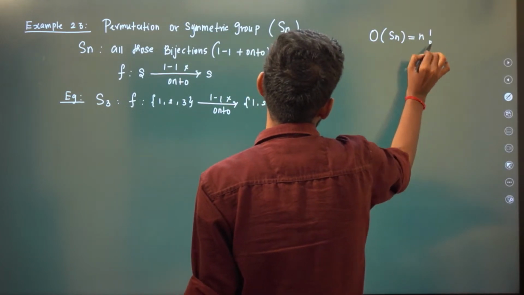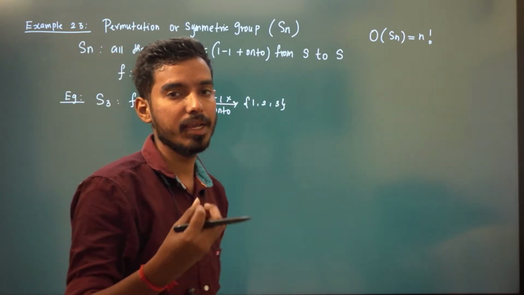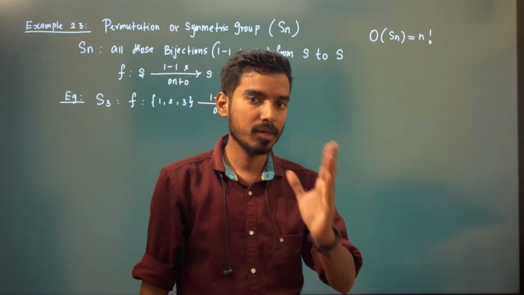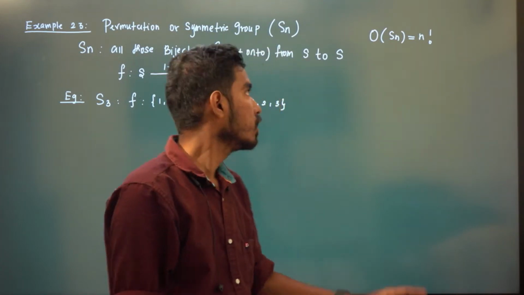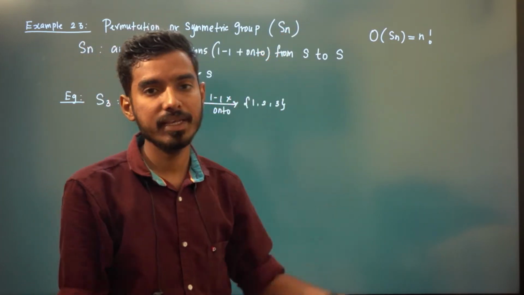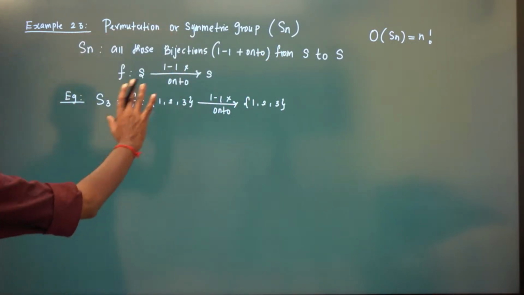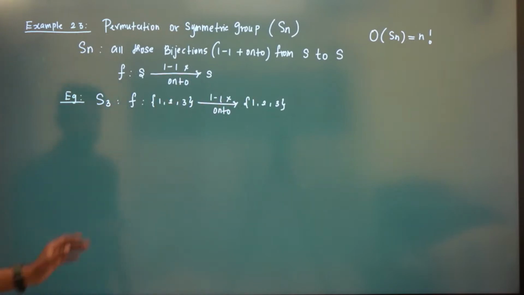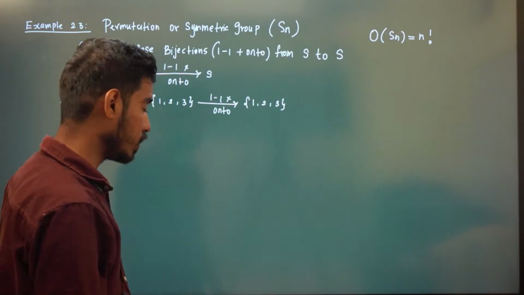Very, very important. So you can form n factorial bijections from a set S to itself. If you put n equal to 3, S has 3 elements. I'm taking 1 to 3, it can be a, b, c also. So I'm going to collect all those one-to-one, onto mappings from a set of 3 elements to a set of 3 elements.